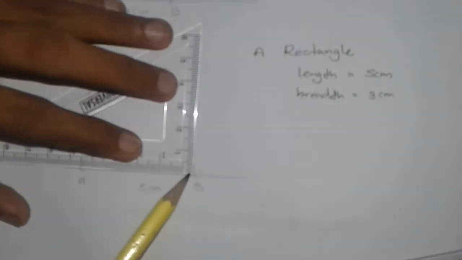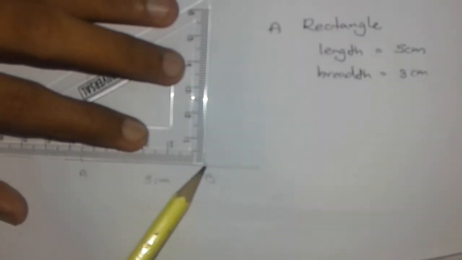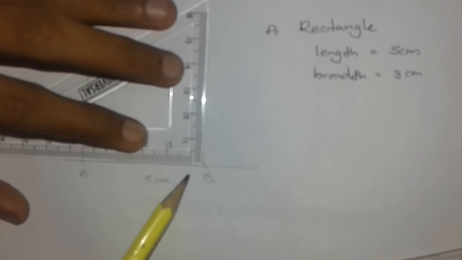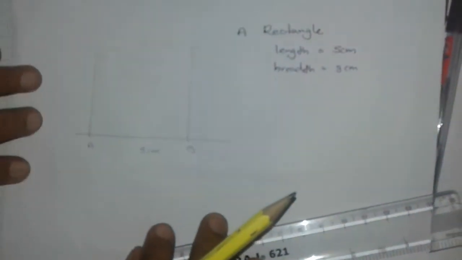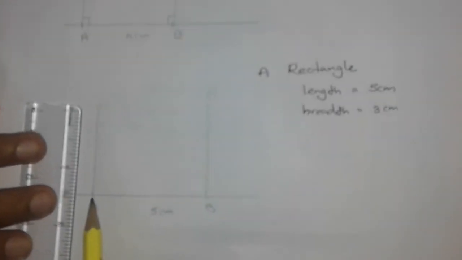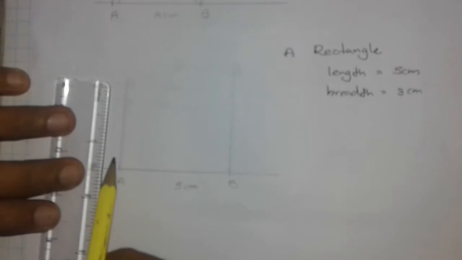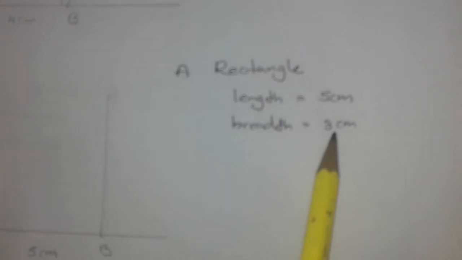This point should be on the point B. Okay, then draw a line like this. Then I am going to measure 3 centimeter at the point A along this line. Why 3 centimeter? Because the breadth is 3 centimeter.